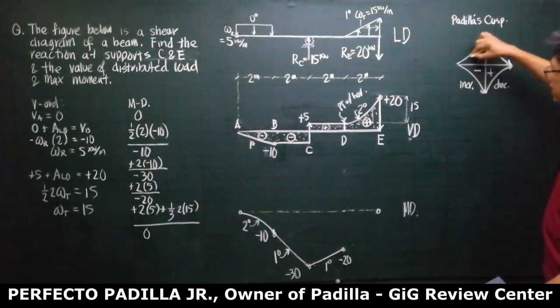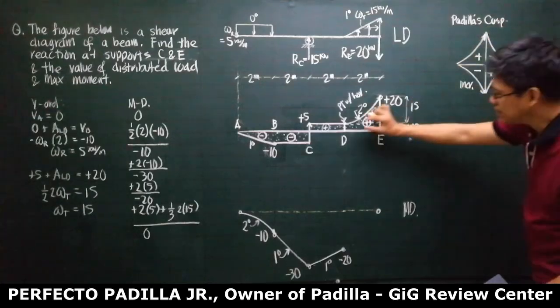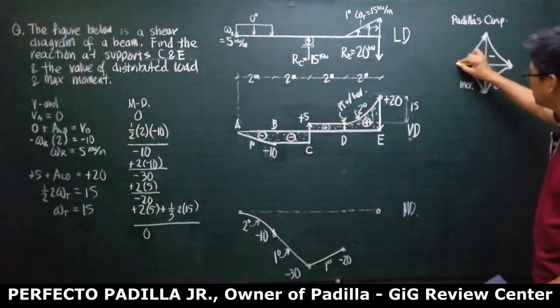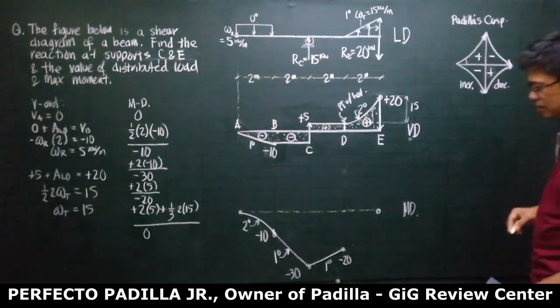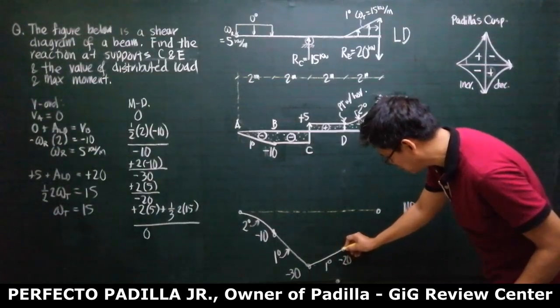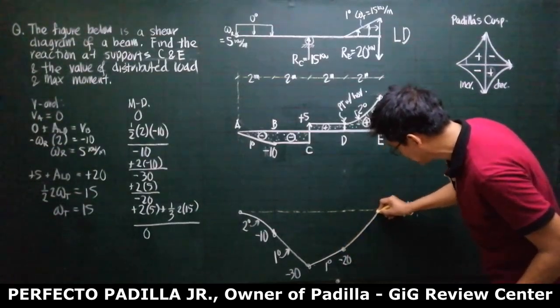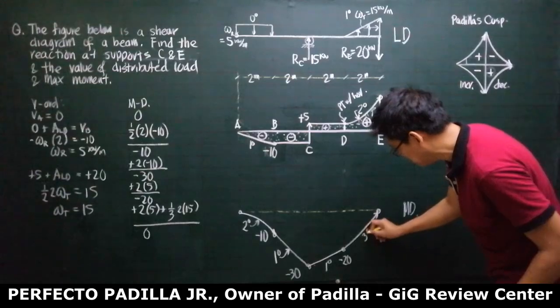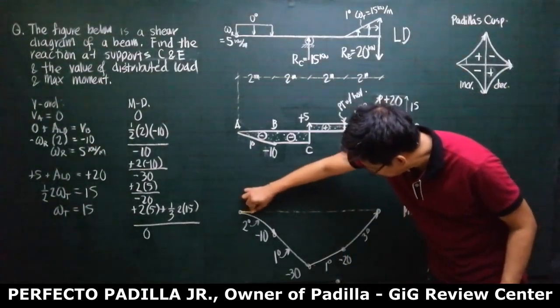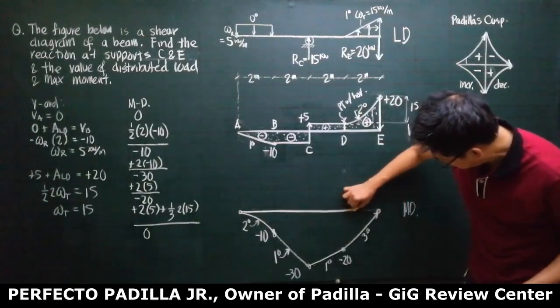So it looks like something like this. But it didn't begin with 0, it begins with 5. So it will not begin here, it must be somewhere here. So it must be something like that. But this is a third degree curve. You follow? So therefore, this is your moment diagram.